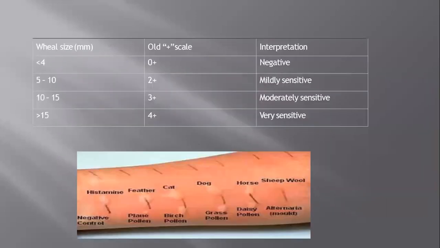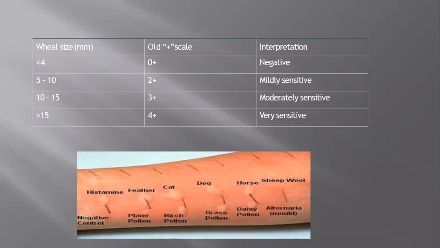So we'll move on to the interpretation of the result. Wheal size, or we can say the bump size, in mm, then the scale, then the interpretation. The first one, wheal size is less than 4 mm.